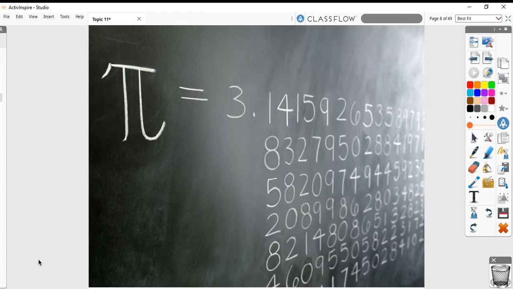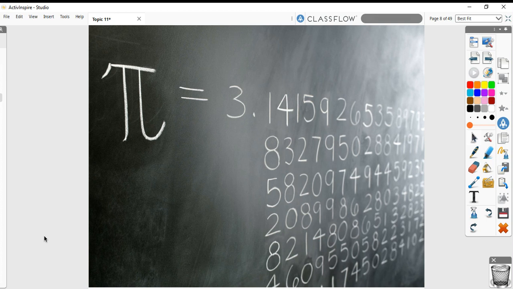Okay, pi is something that you have heard of. Pi is a number that you've been using, and it's equal to about 3.14. Okay, and I want to make it very clear from the very beginning that pi is not a variable. Pi is a constant number that is equal to about 3.14.